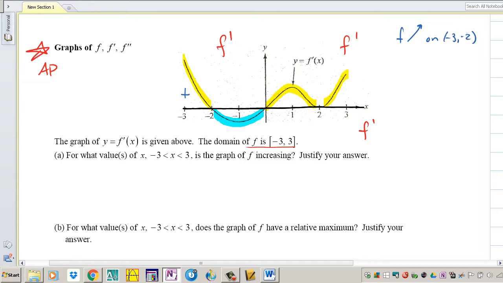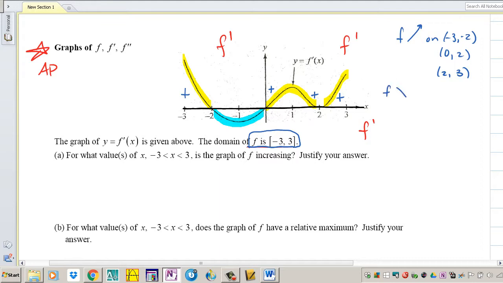Is that the only place that it's increasing? No, it's also increasing here, here, and here. So from 0 to 2 and 2 to 3. Now we're not using infinity or negative infinity because if you notice, f has a domain. It doesn't go to infinity or negative infinity. -3 and 3 are the endpoints of this graph.